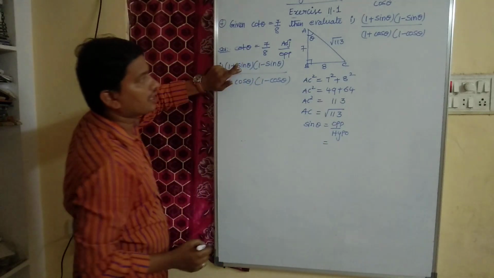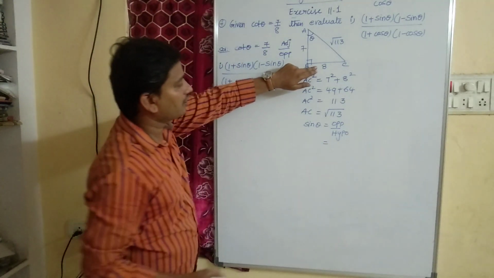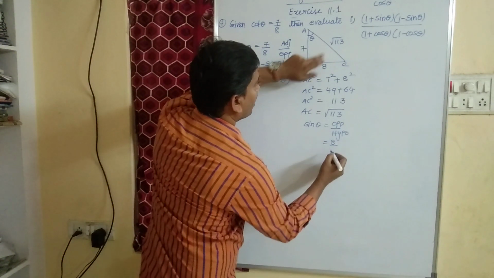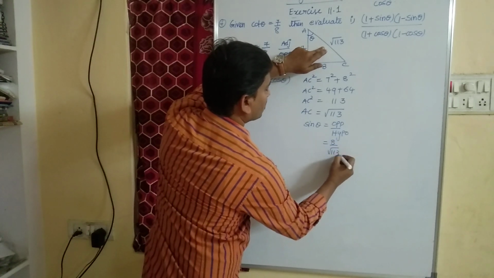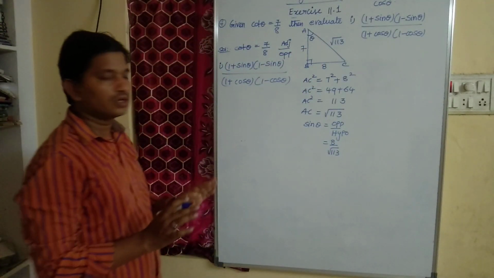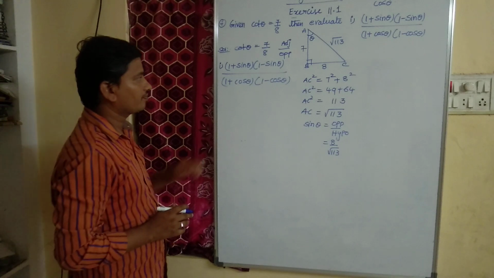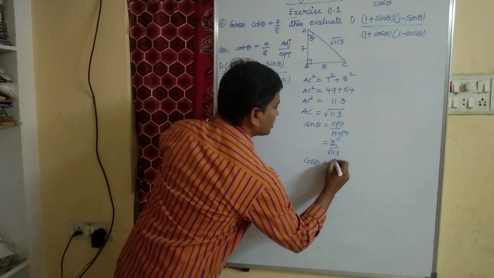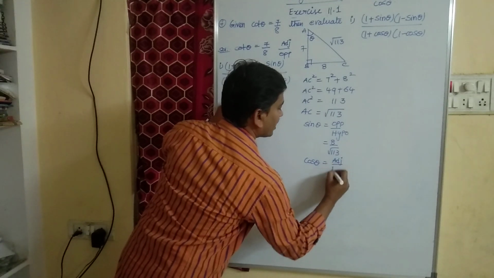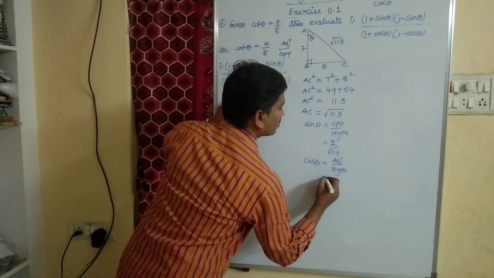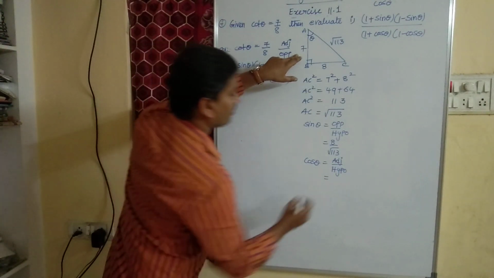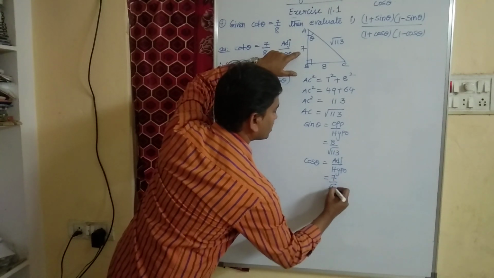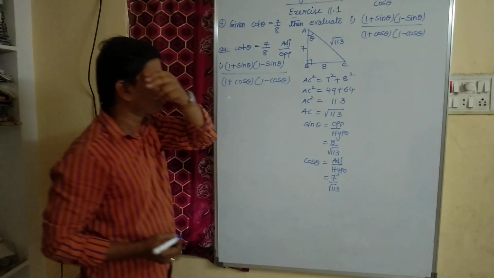What is opposite children? Opposite is 8, that is BC, and hypotenuse is root 113. So sin theta value is 8 by root 113. Now at the same time, let us find cos theta. Cos is nothing but adjacent side by hypotenuse. So adjacent side is 7 units, hypotenuse is root 113 units.